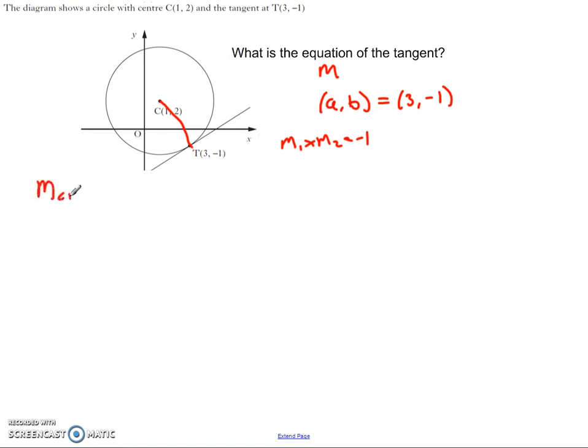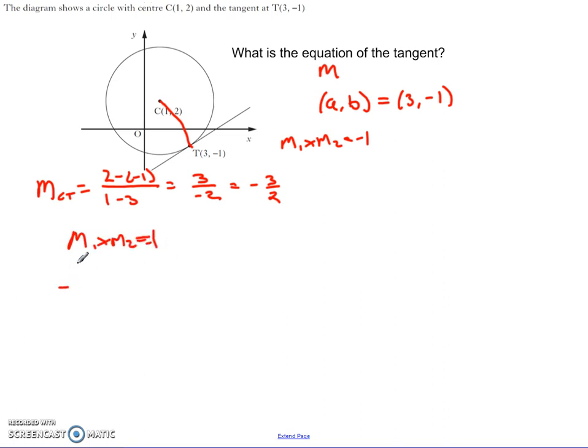So the gradient CT, I can calculate using the classic formula (y2 minus y1) over (x2 minus x1). I get (2 take away -1) over (1 take away 3). 2 minus -1 is 3, 1 minus 3 is -2, so my gradient there is -3/2.